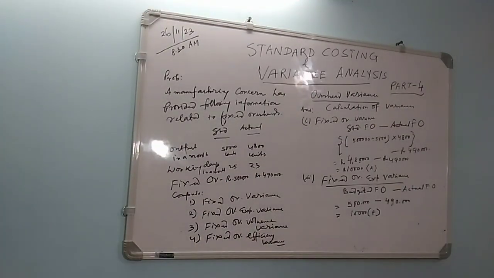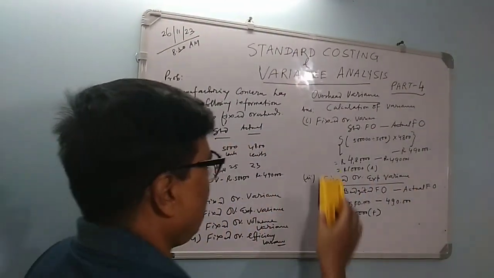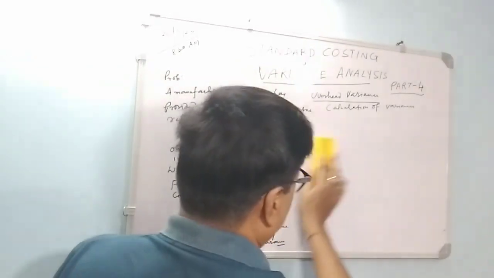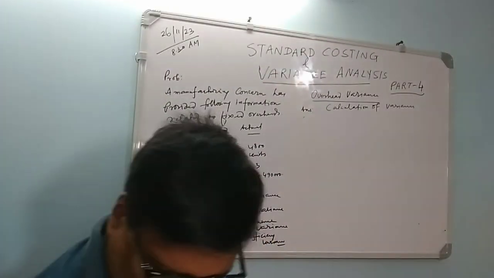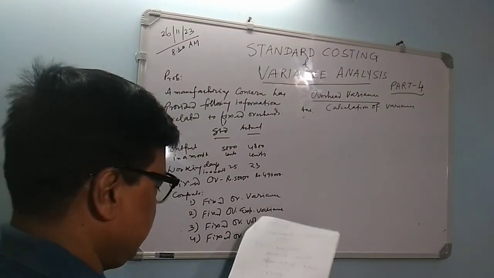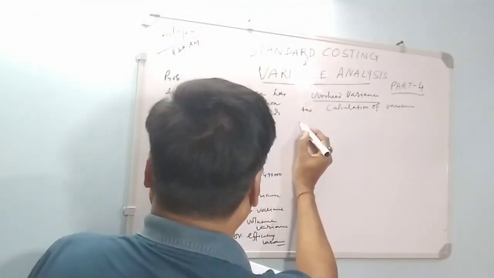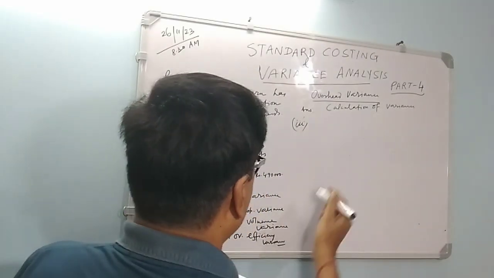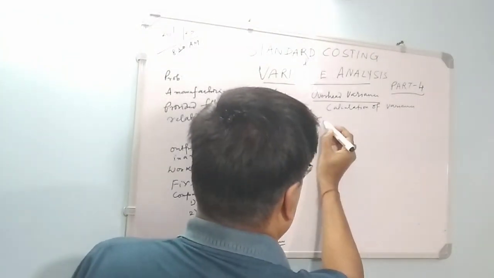Now we will be coming to the other two variances. The third variance is the fixed overhead volume variance.